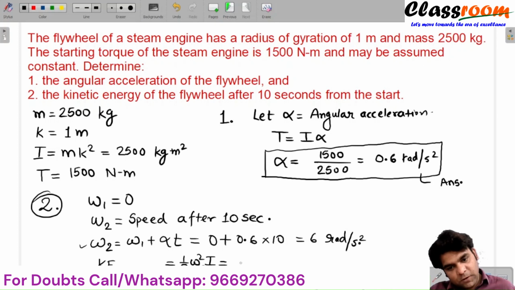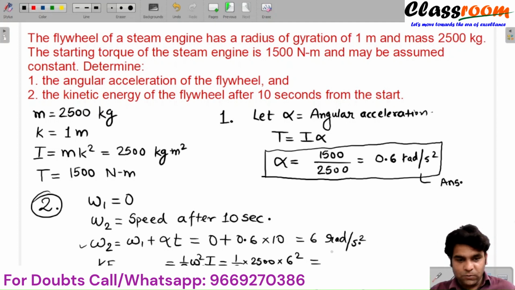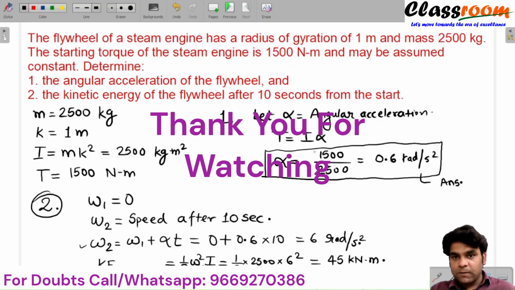So it is 1 by 2 into 2500 into 6 square, 36 by 2 is 18, giving 45 kilonewton meter, or 45 kilojoules of energy available at the flywheel after 10 seconds. So this is also a simple example based on the flywheel.